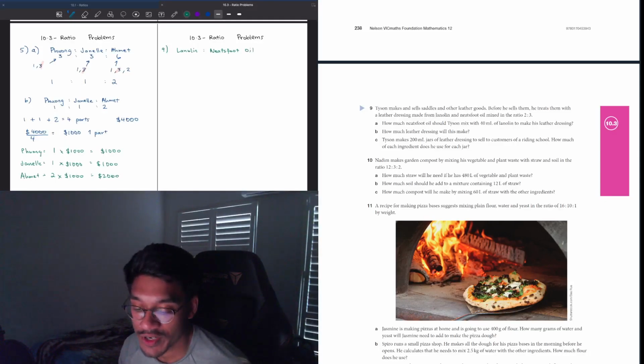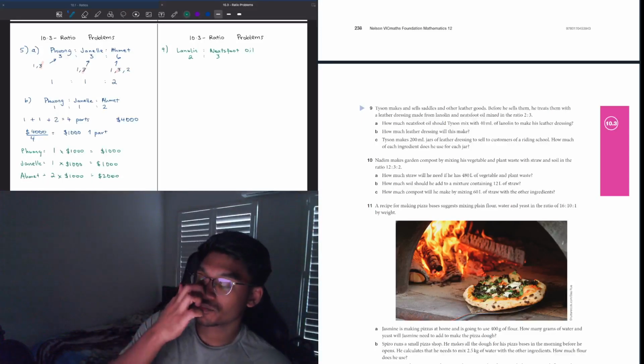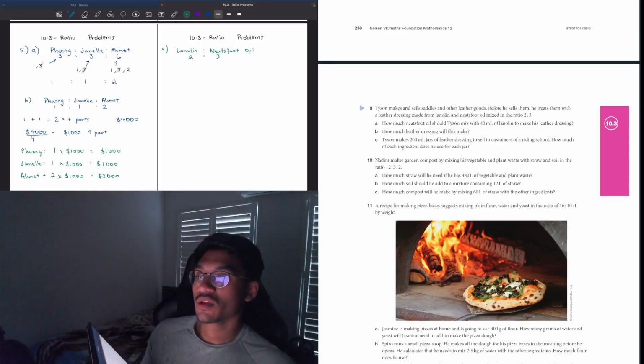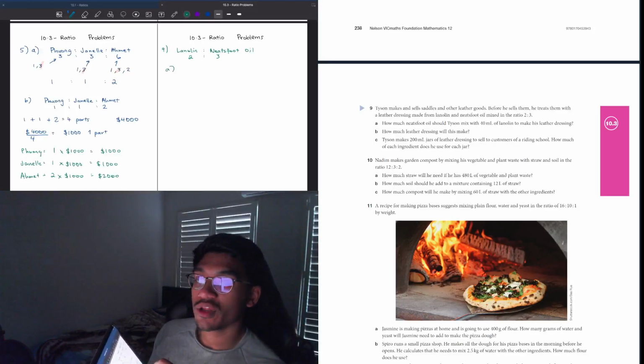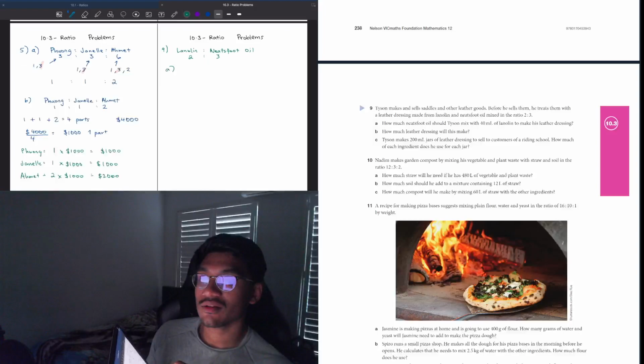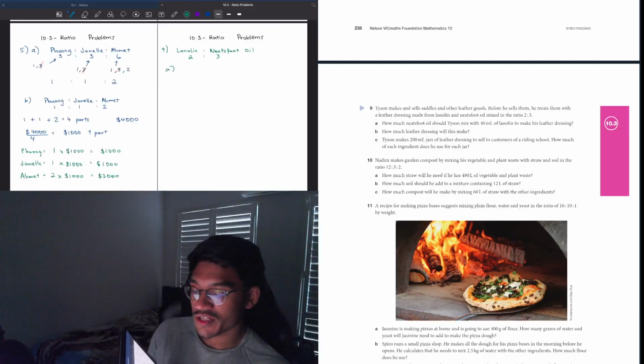And we know it's mixed in the ratio of 2 to 3. So, here's what we do. In question A, it says that we have 40 milliliters of lanolin. How much neat's foot do we need? So we know it's in the ratio of 2 to 3.